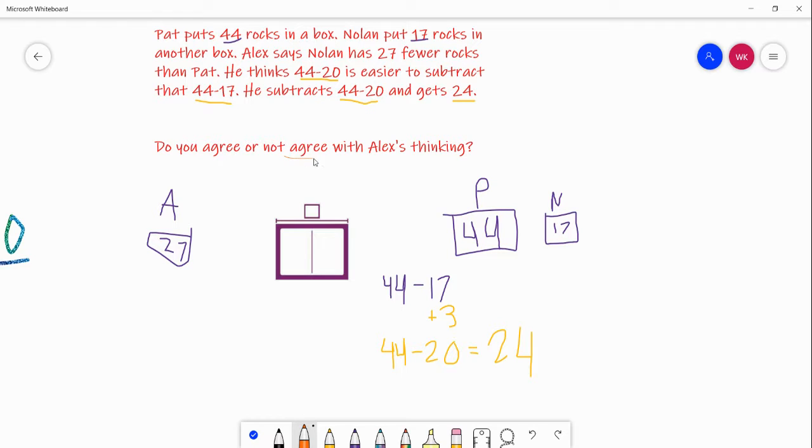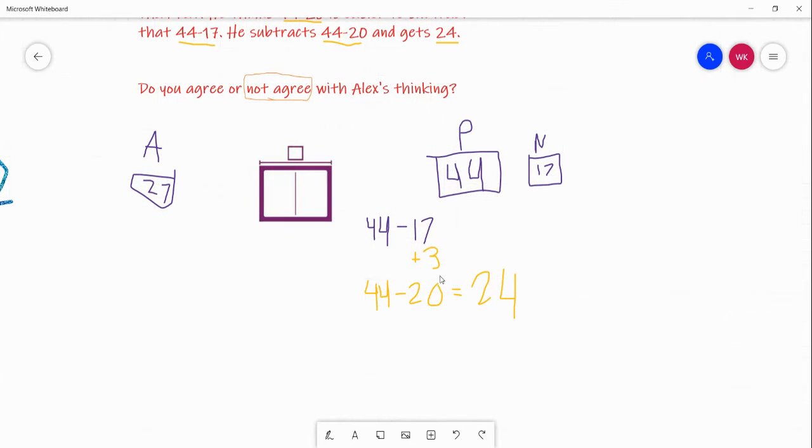I'm going to say that I do not agree with Alex's thinking because he did not use compensation correctly. He added 3 to the 17 to get 20, but he didn't add 3 to the 44 to get 47, or he didn't add that 3 back into our sum for that compensation.